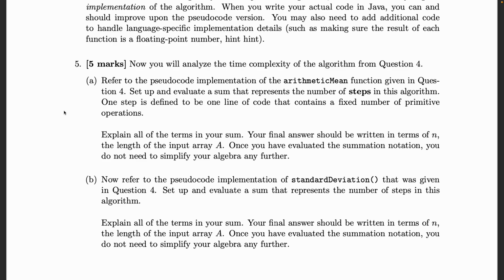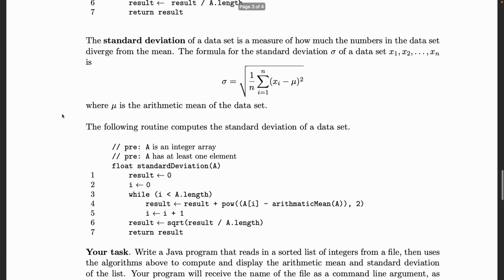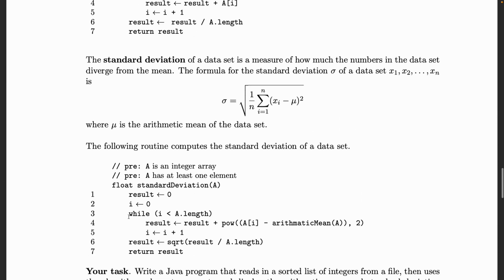Then after that, you'll do what we just did, analyzing time complexity of these algorithms. So you'll do something very similar to the example that we did just now. Look at these code snippets and tell me how many steps it takes as a function of its input size.